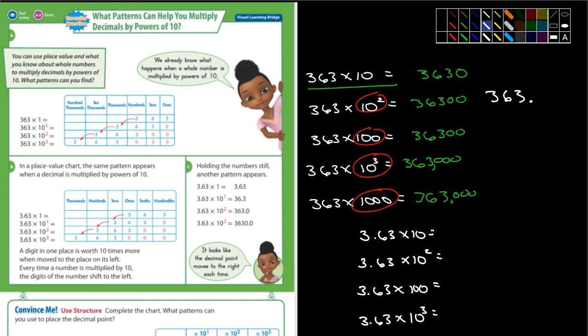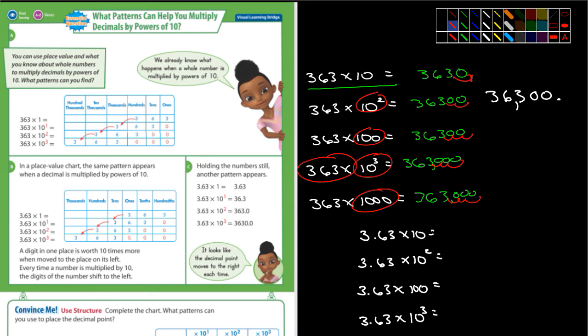So it became 36,300. How many places did I move the decimal? The decimal is now here. I moved the decimal 2 places over. In this one, I moved the decimal 1 place. In this one, I moved it 2 places. And times 100, same thing, 2 places. Where's the decimal in this 363? It's right here, but I moved it 3 places. In 1,000, I moved it again, 3 places.